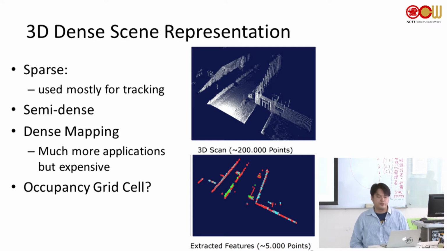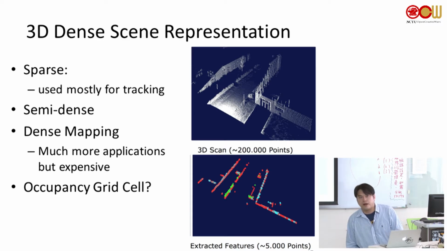For example, many of them use sparse mapping, and the main purpose is tracking. For example, those two images are from our ICP lecture. We mentioned that the 3D scan of this street scene has more than 200K points per scan. If we can extract some unique features, for example just 5K, we could highly reduce the computation for ICP.